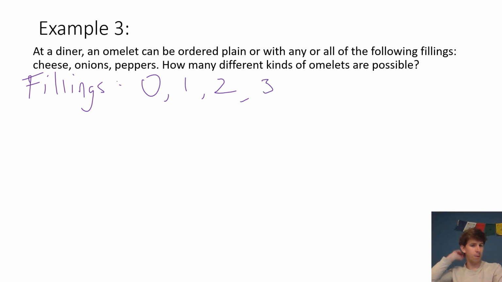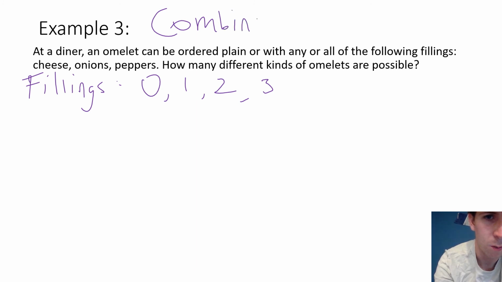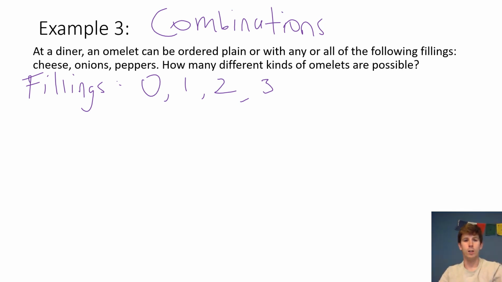Okay, so we're going to have to think about each of these situations and then add them all up. Also, this is going to be combinations here. The order does not matter, because a cheese and onion omelet is the same as an onion and cheese omelet.